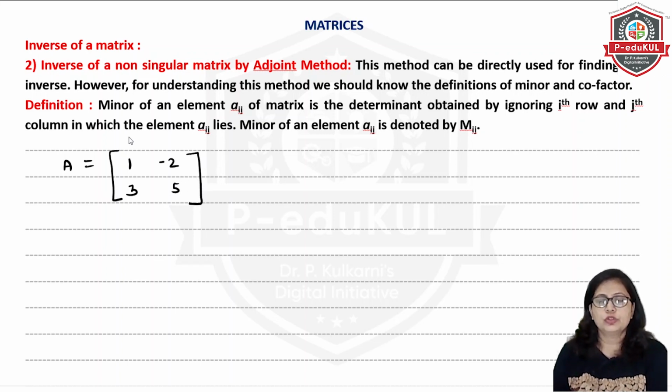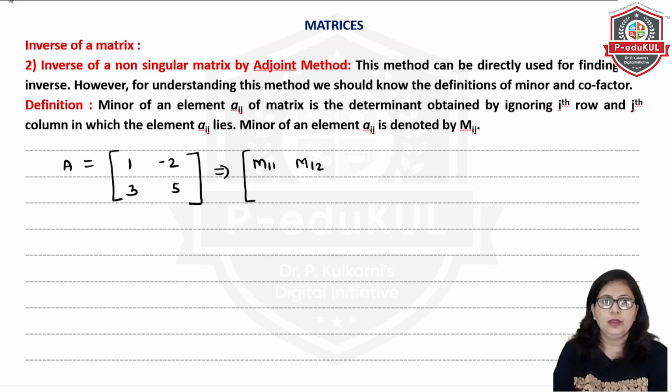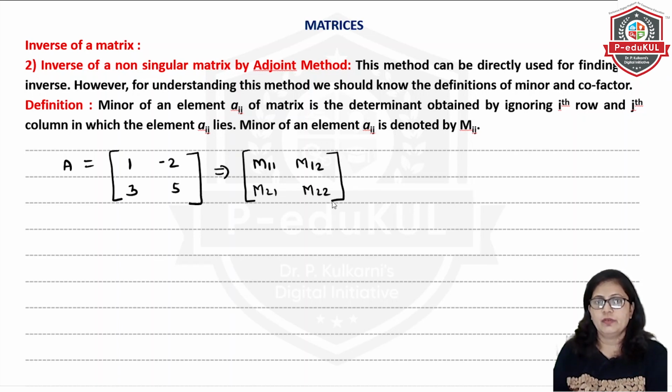Now first of all you should keep in mind that every element will have minors. So if I try to write the matrix of minors, it will be like this: M11, M12, M21 and then M22. So every element will have the minors.